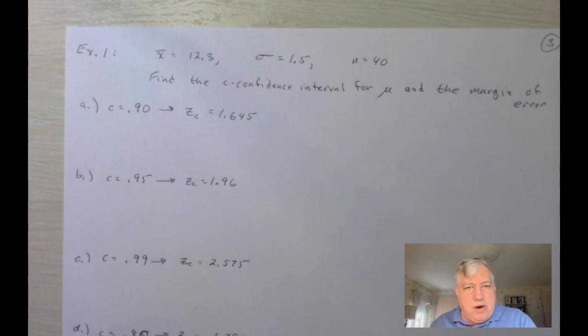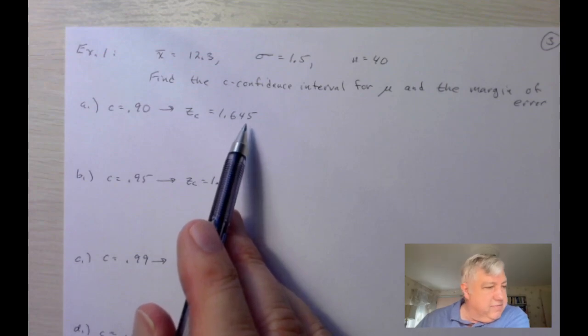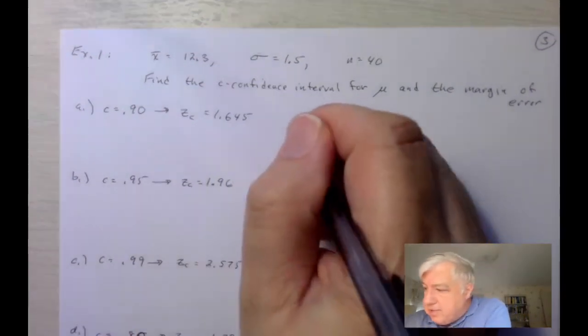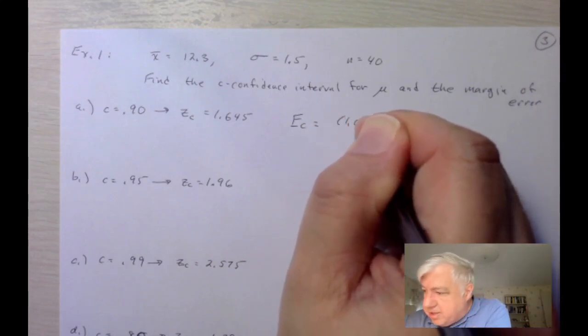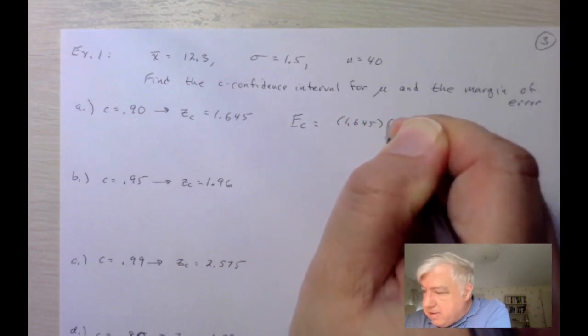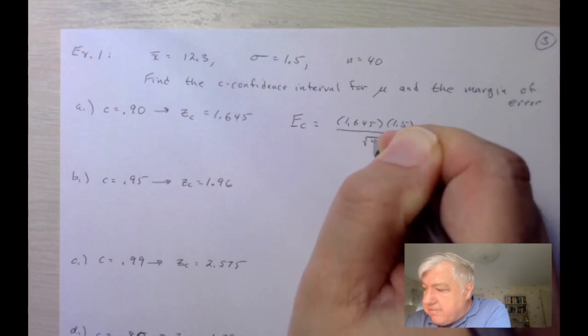Okay, then for part A, if c is 0.90, z sub c is 1.645, and so E, the margin of error, would be 1.645 times 1.5 over the square root of 40.